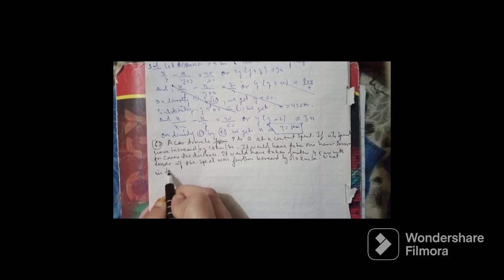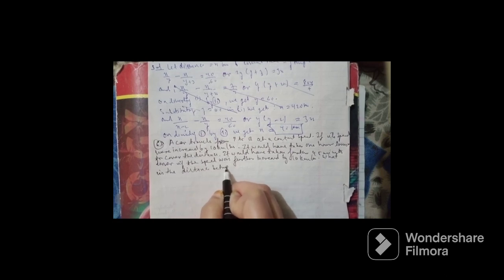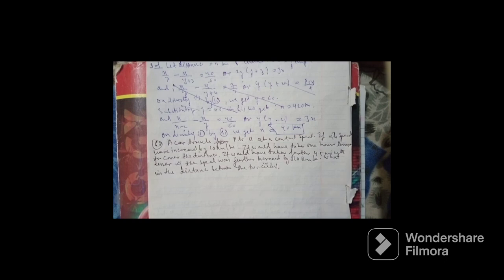What is the distance between the two cities? So the options are 420, 540, 600 and 650 km. Let's go for the same.